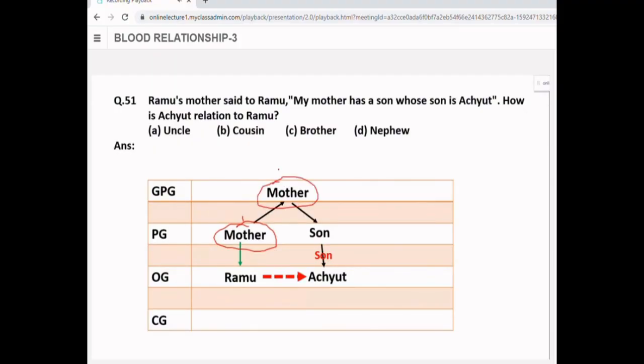Common point is mother 2. Mother 2 is common for mother 1 and the son. That means the relation between this mother and son is brother, sister, sibling. Okay. So Ramu's mama's son is Achyut. And so that is cousin. Next.